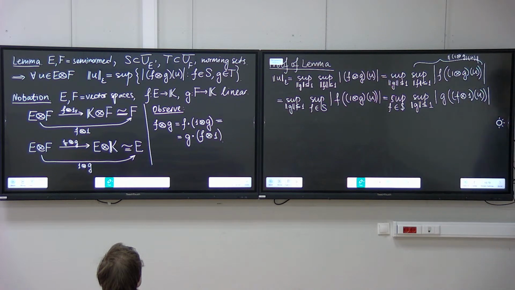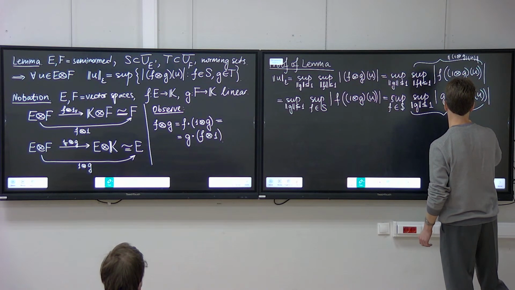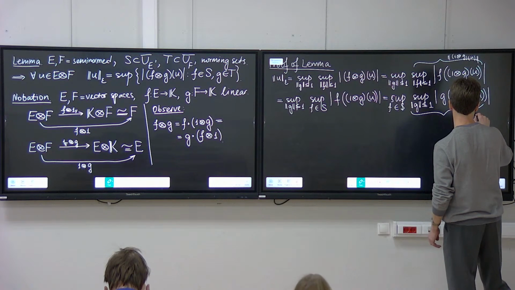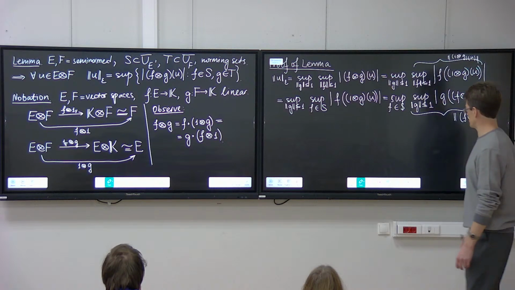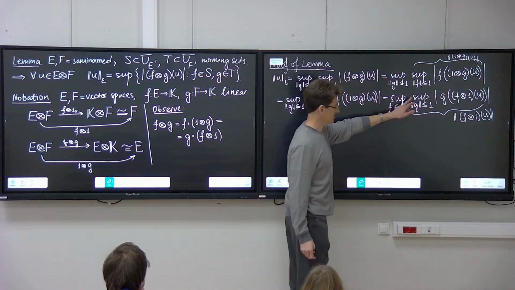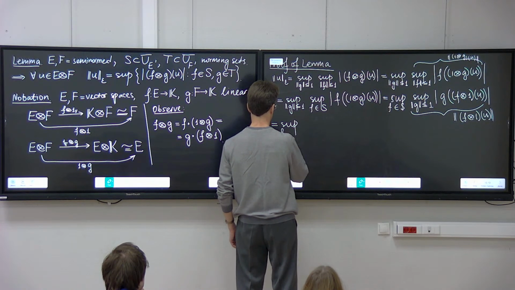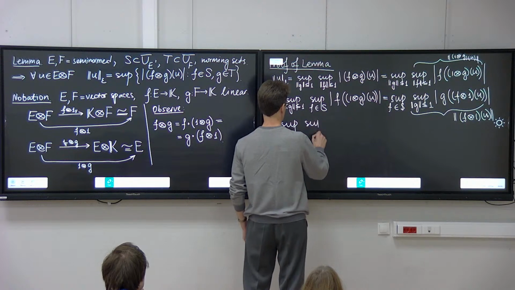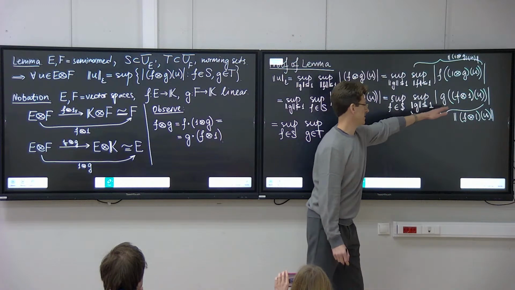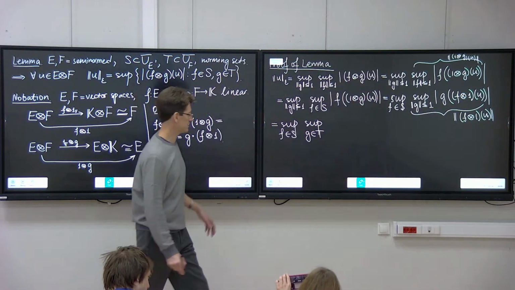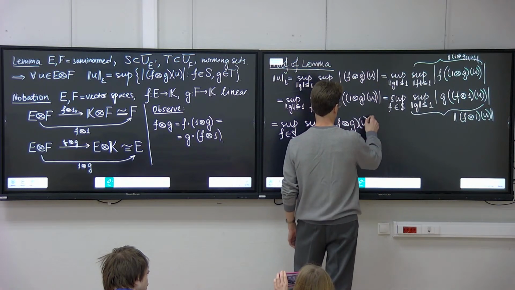And again, what is this? This is nothing but the norm of F tensor 1 applied to U. So we now use the assumption that T is a norming set, and so we can replace here the unit ball by T. Supremum over T. And this is nothing but F tensor G applied to U. And that's it.